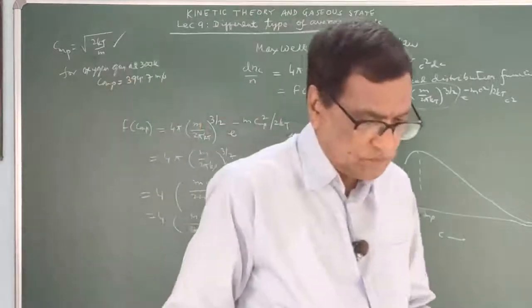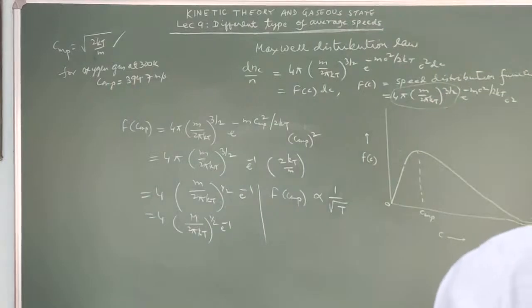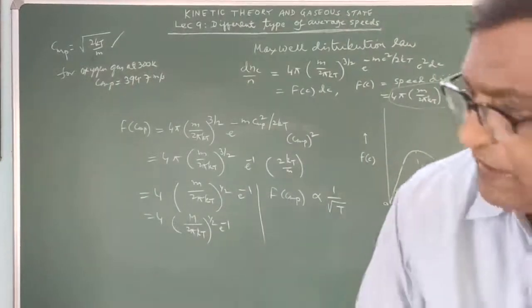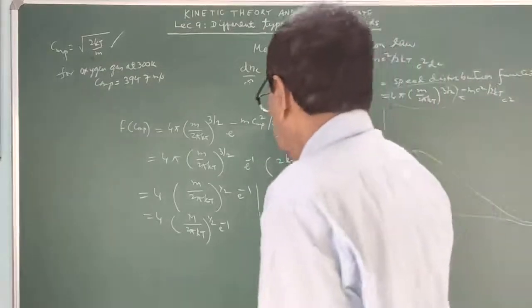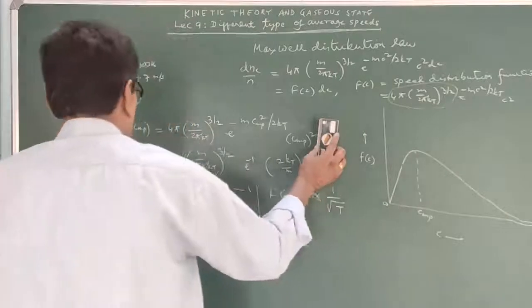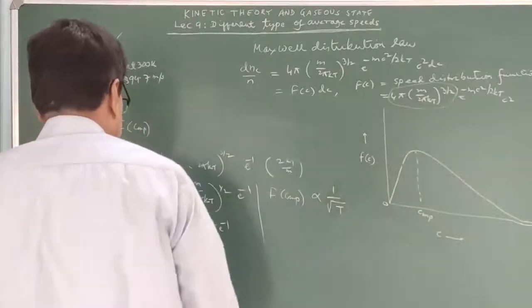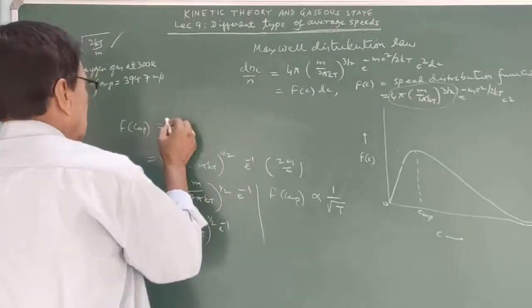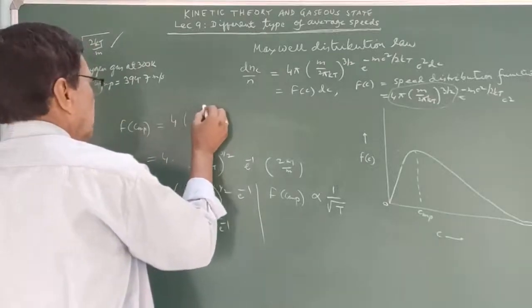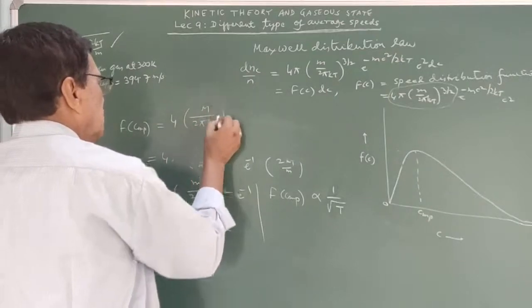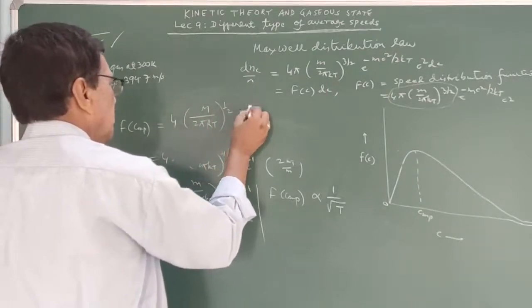This could be solved, and this problem has been given. So we can write f(C_MP) as 4 into M divided by twice pi RT to the power half, e to the power minus 1.